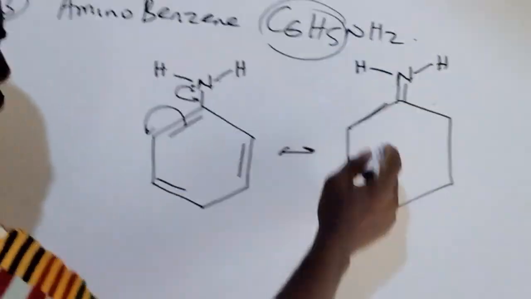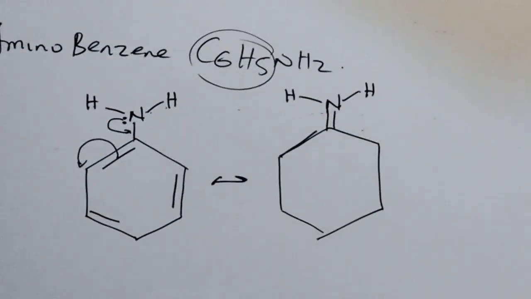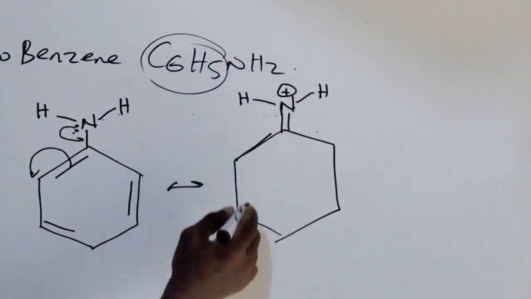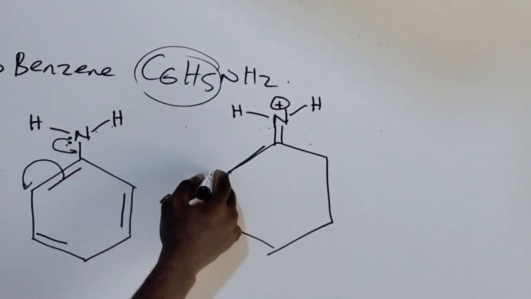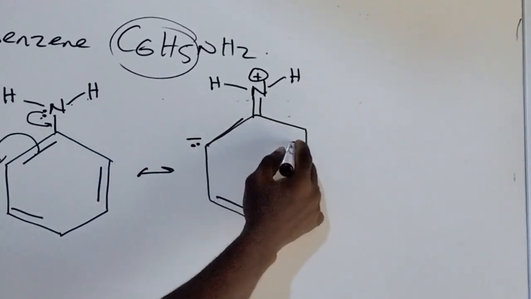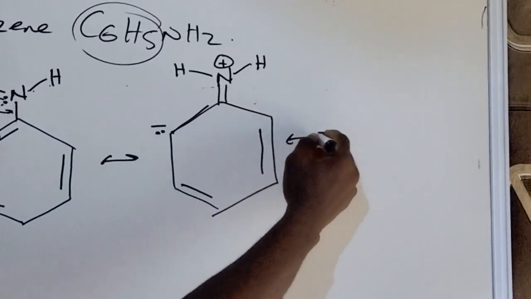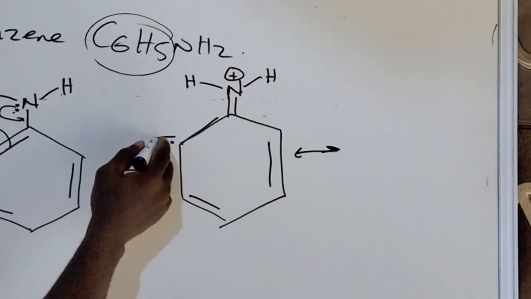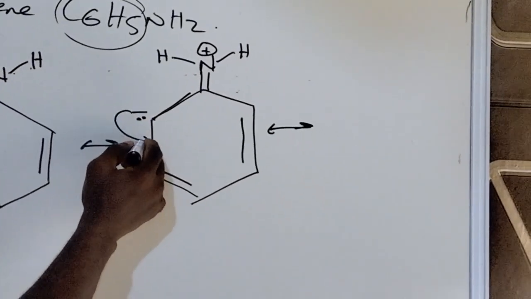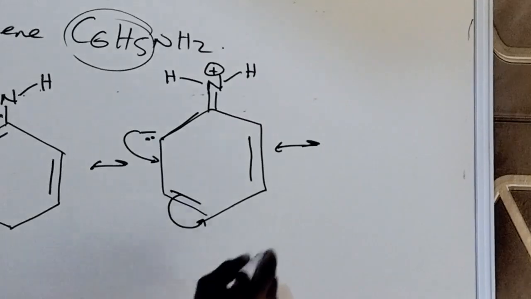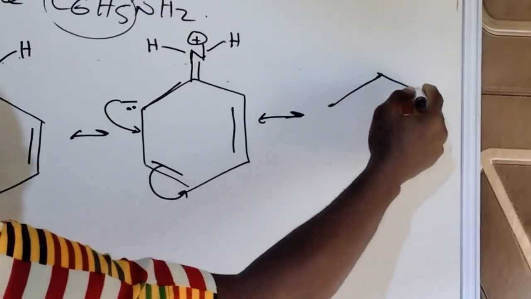This nitrogen is now electron deficient, having lost 2 electrons, so it becomes positively charged. This electron shifts to the adjacent carbon, making this carbon negatively charged. Then let's get another structure. This one shifts to the nearby bond, while this one shifts to the adjacent carbon. So now we have this produced again.